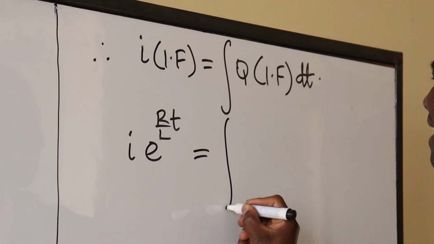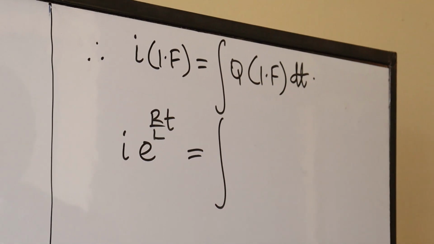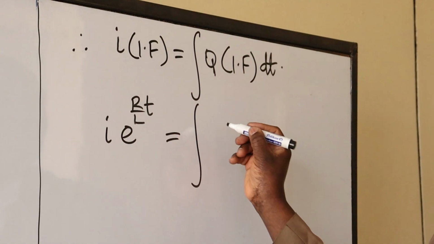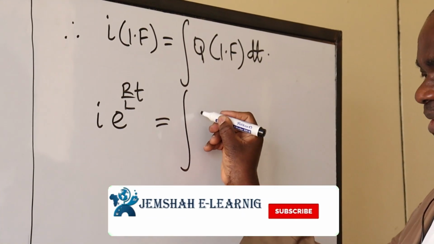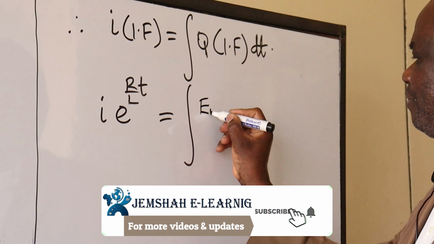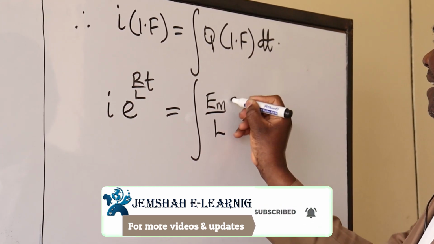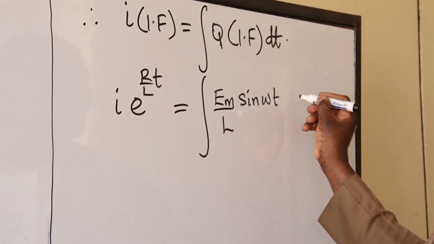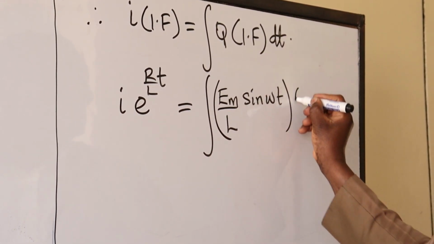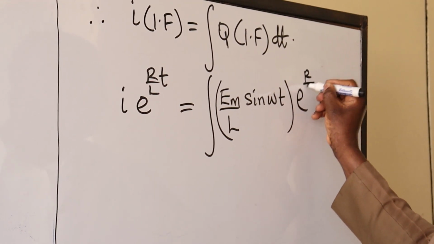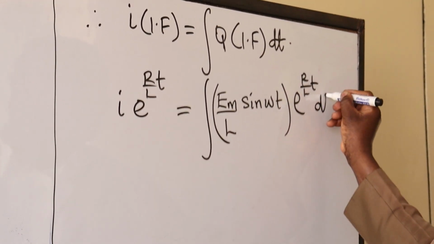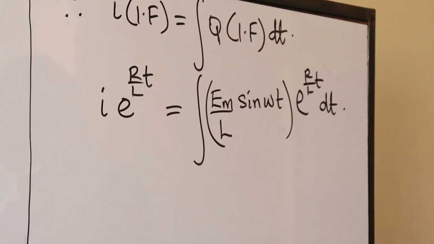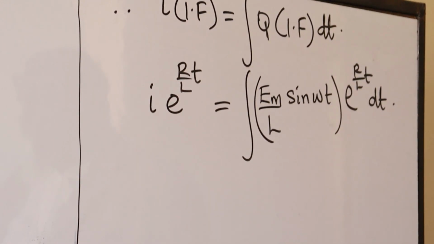Now this will be the integral of Q, and our Q is Em over L sine omega t, multiplying exponential (R/L)t, then we have dt. So that's what we want to integrate and find out.